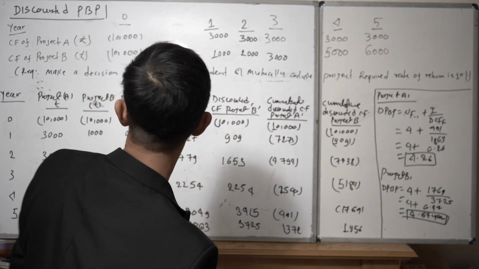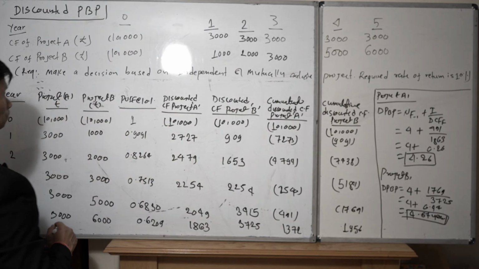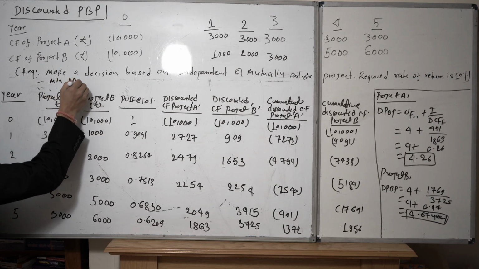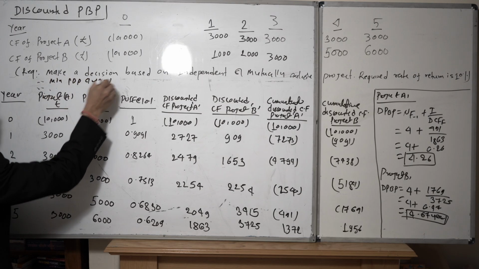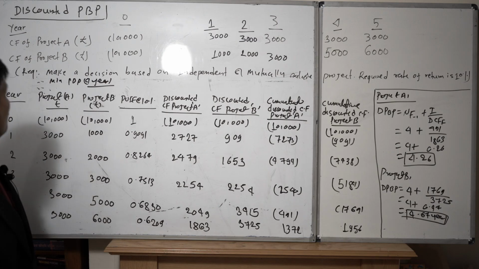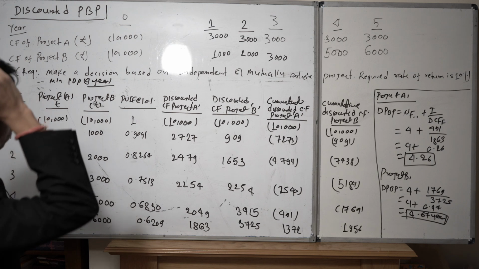What is the decision criteria? The decision criteria for this is the minimum payback period was 4 years. If you remember the previous question as well, the minimum payback period for this question is also 4 years.